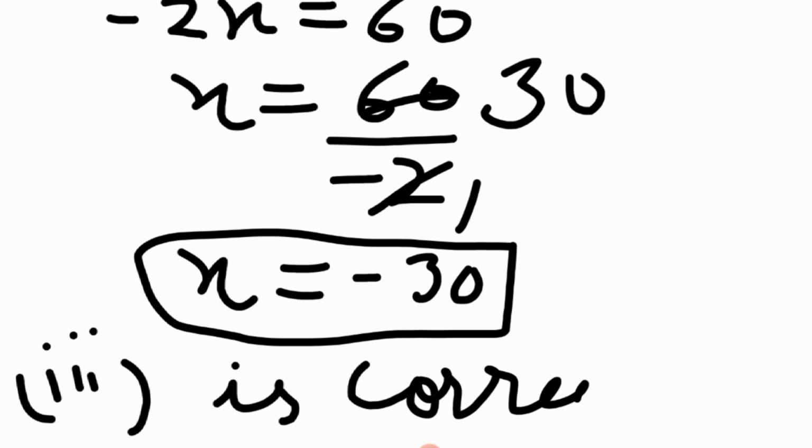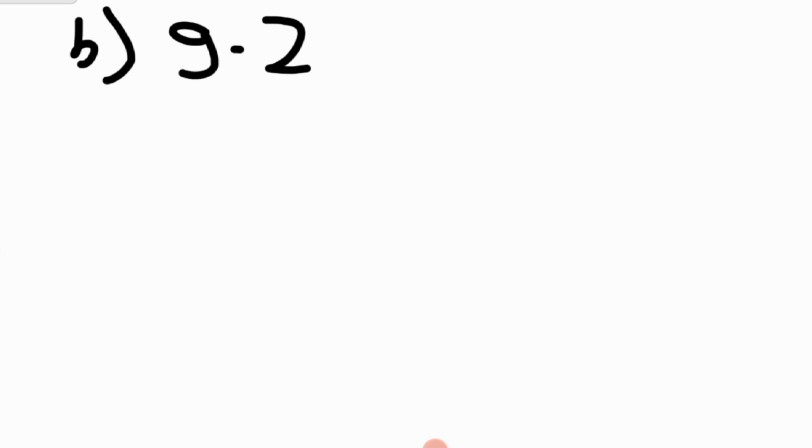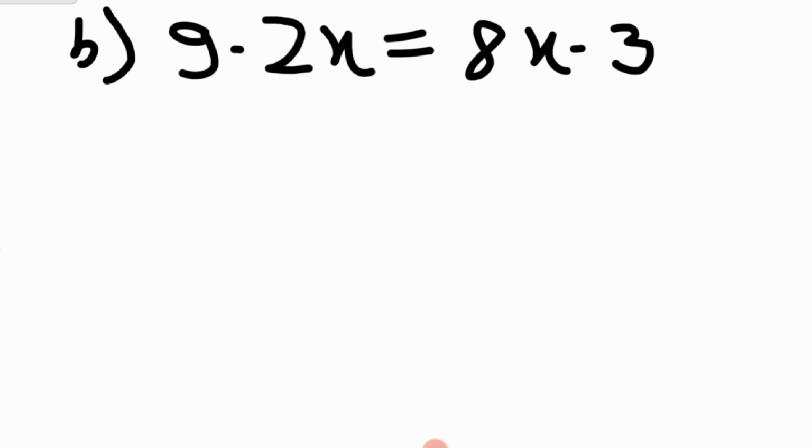Now come to the B part. If 9 minus 2x is equal to 8x minus 3, then find the value of x. Bring all the algebraic terms on one side and the constant terms on one side.